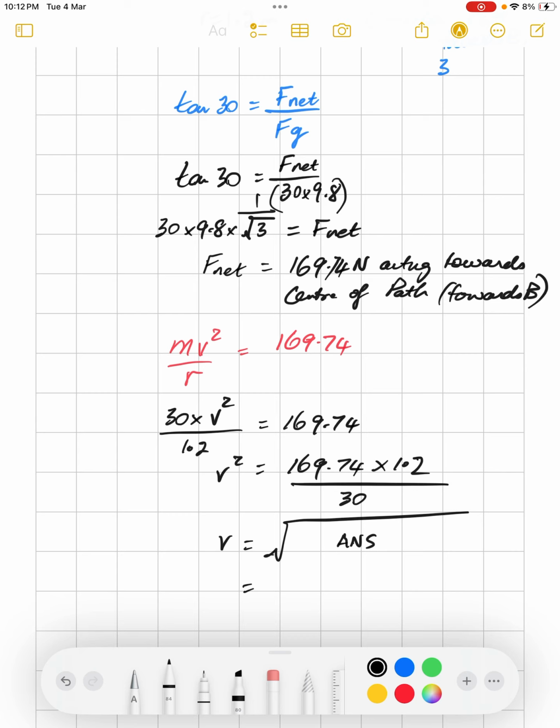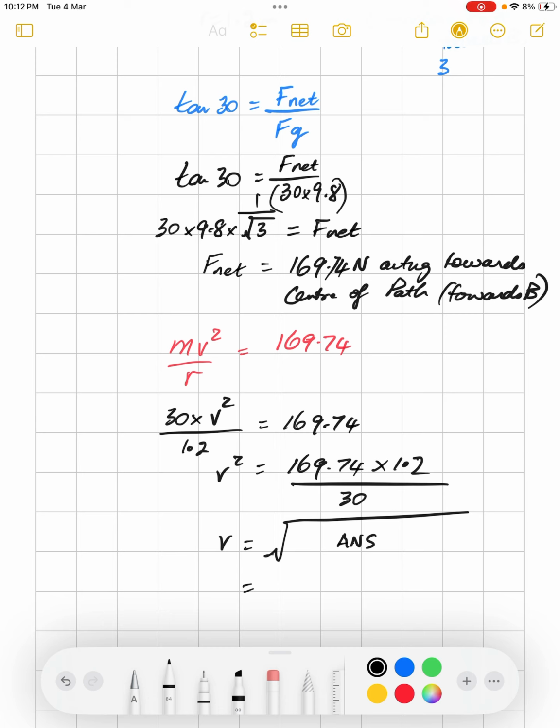169.74 times 1.2 divided by 30, and we want the square root of that. Oh, error. Try again.